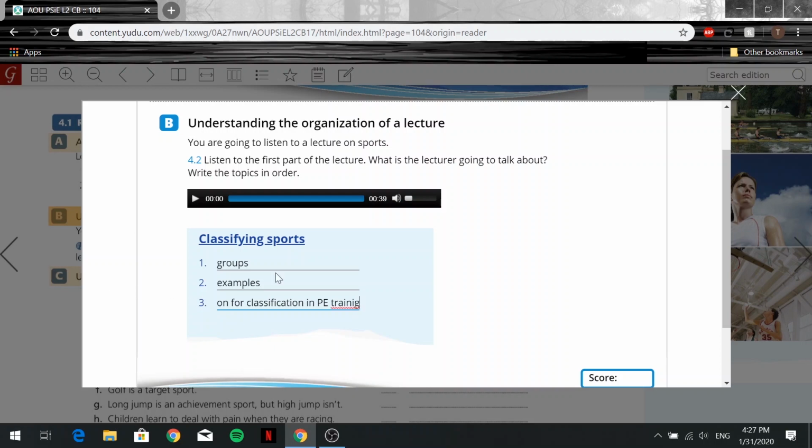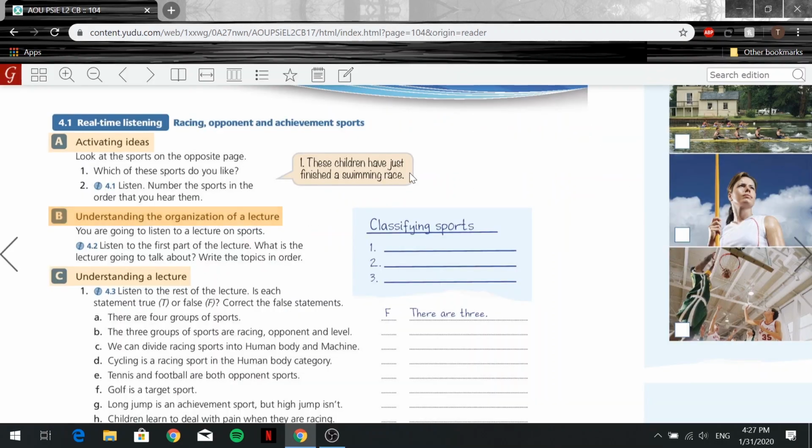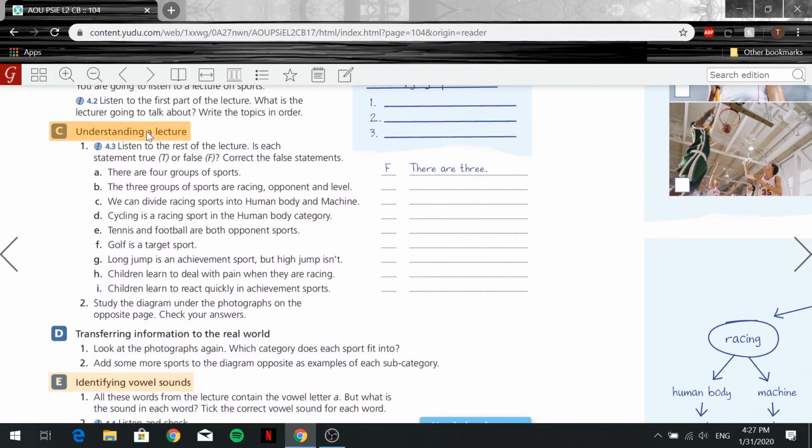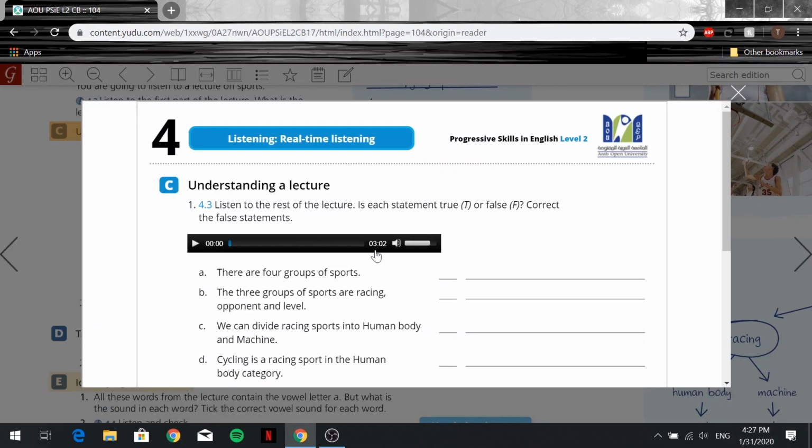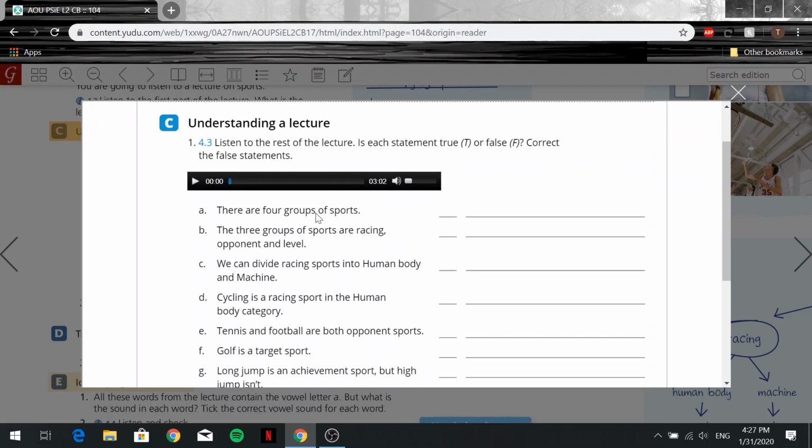Okay, so groups, examples, and reasoning for classification in PE training, right? Now let's go to exercise C, understanding a lecture. We're going to listen to the whole lecture now, or a little bit of it, around 3 minutes, so gotta be careful. And we're going to check these statements and see if they're true or false. And if they're false, we're going to have to correct them and write the true ones. So get ready, let's go. Track 4.3.